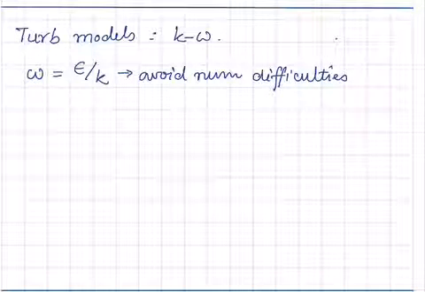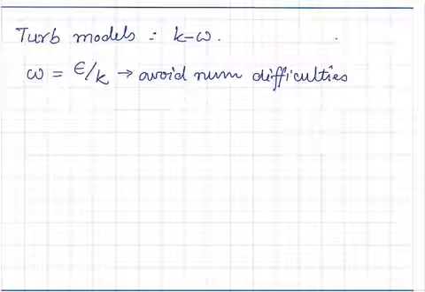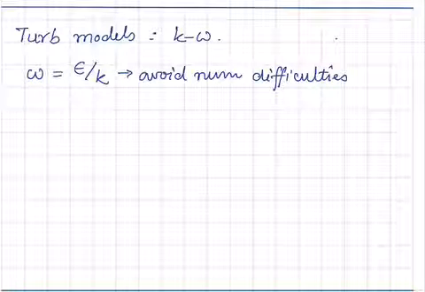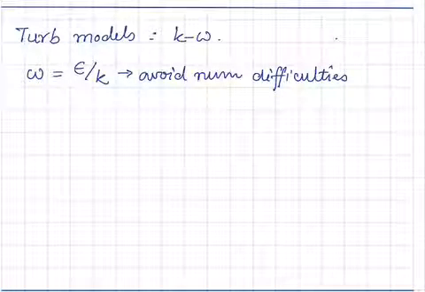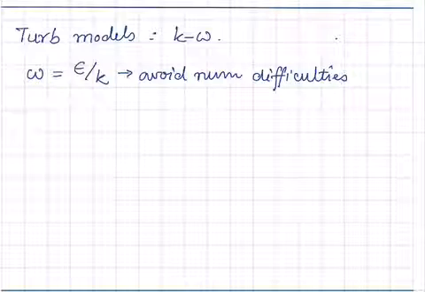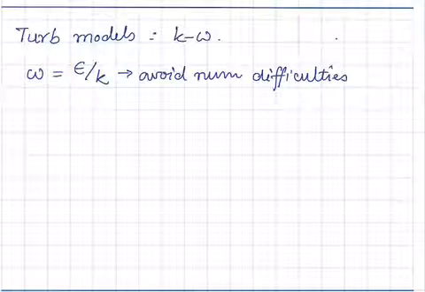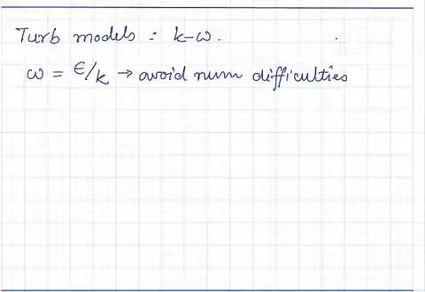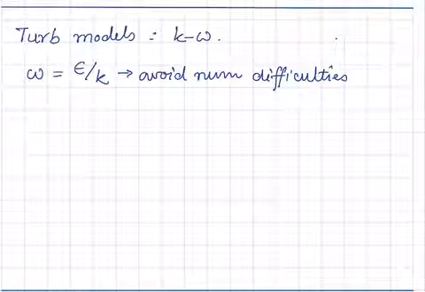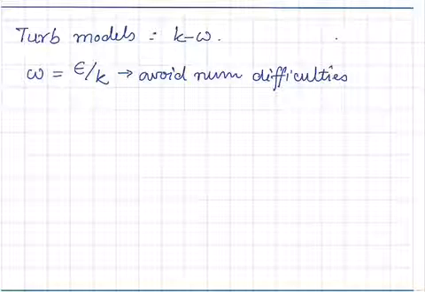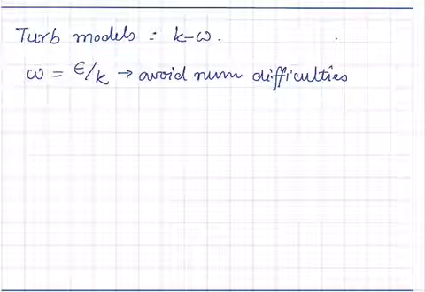It's numerically more robust than the epsilon equation. In the epsilon equation, there are many places where it's 1 over k. If k goes to 0, for example in a laminar flow, you would end up with infinite values. So using omega helps us there.